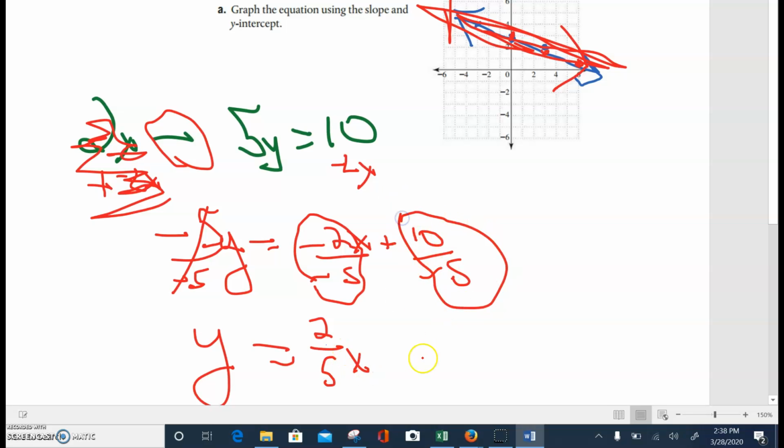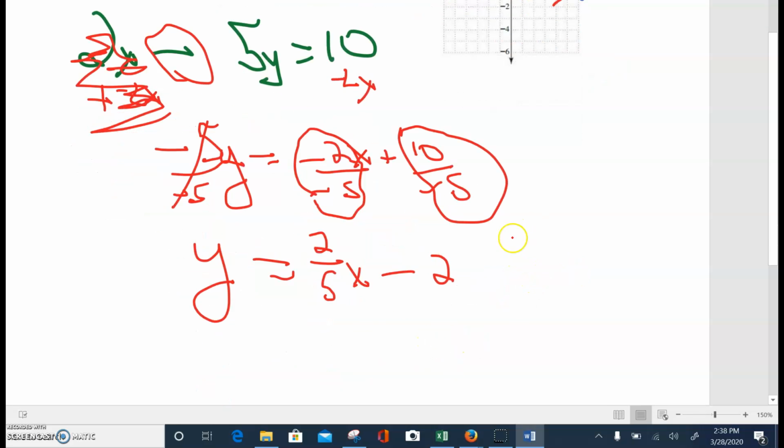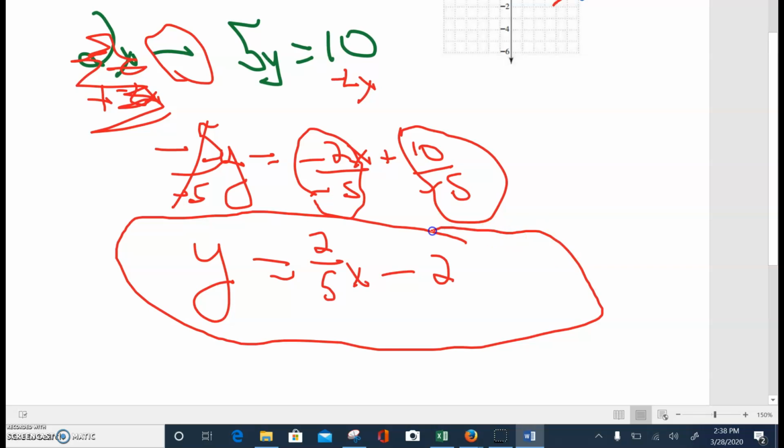And a positive and negative gives negative 2. Then I could either graph this or make an input-output chart to make it easier to graph. This is called slope-intercept form because you can see the slope right there and the y-intercept right there, including the negative. All right, that's the end of this one, and we'll keep plugging along. Keep working hard.